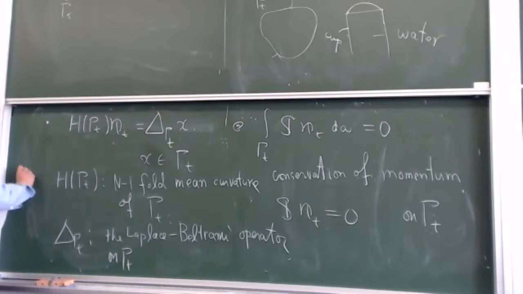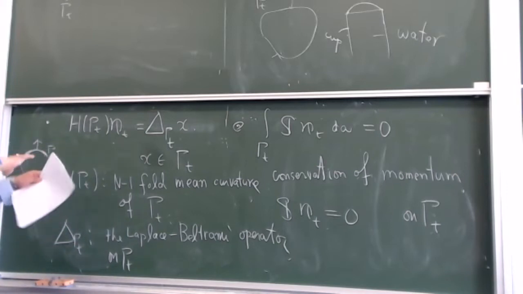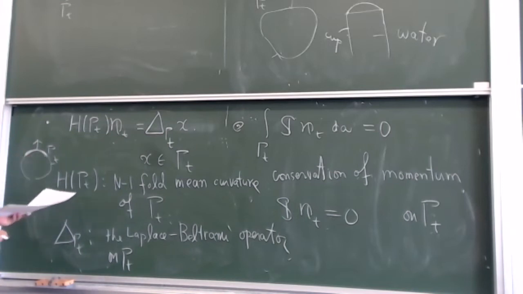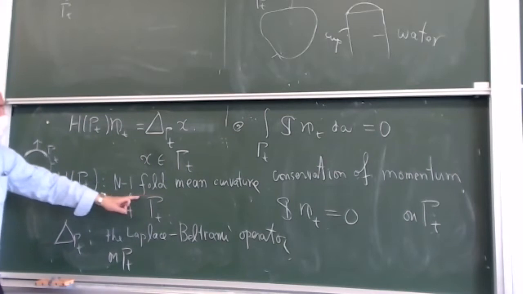Mean curvature just represents how curved gamma T is. One way to represent how curved gamma T is, is to use mean curvature.